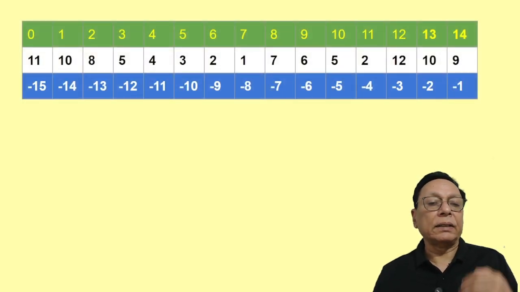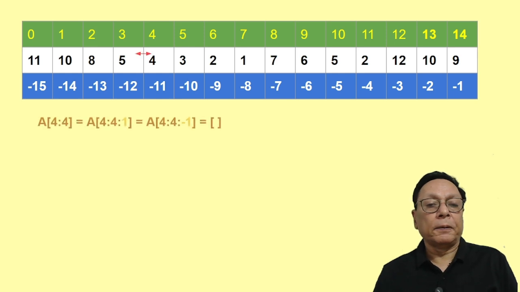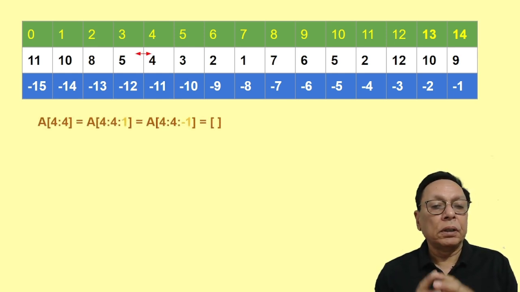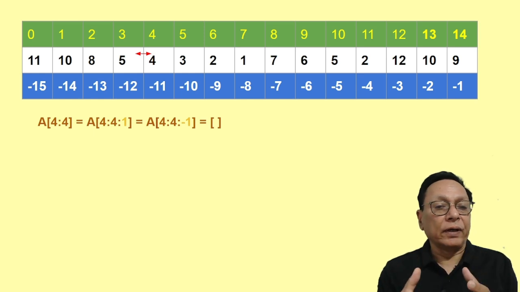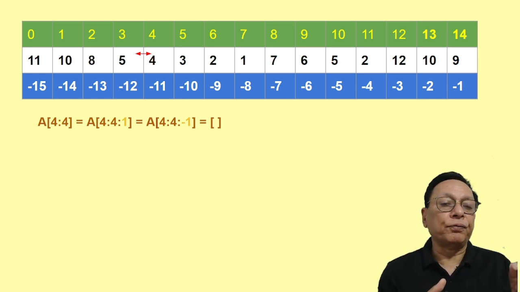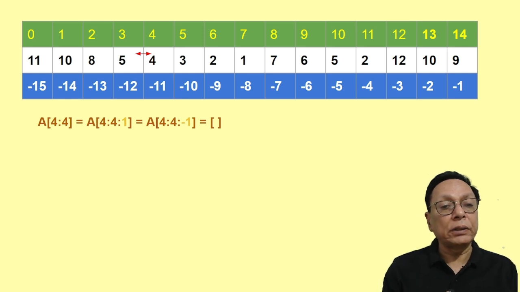So let's take another example where elements are given in the list, and this time we are going to see the conflict. Means start from 4 and go up to 4. So this is not possible, because we'll start with 4 and we'll have to go to 4 minus 1, that is 3.